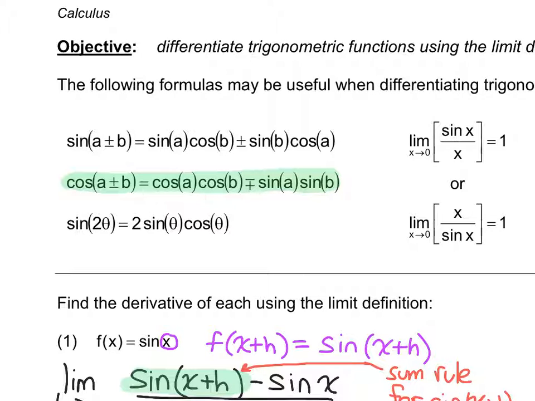Most likely you were given formula sheets. You didn't really have to memorize them, but you're at the point now where some of the rules should be so ingrained in you that you remember them, and then some of them, like this one, I don't know that I'm ever going to remember.